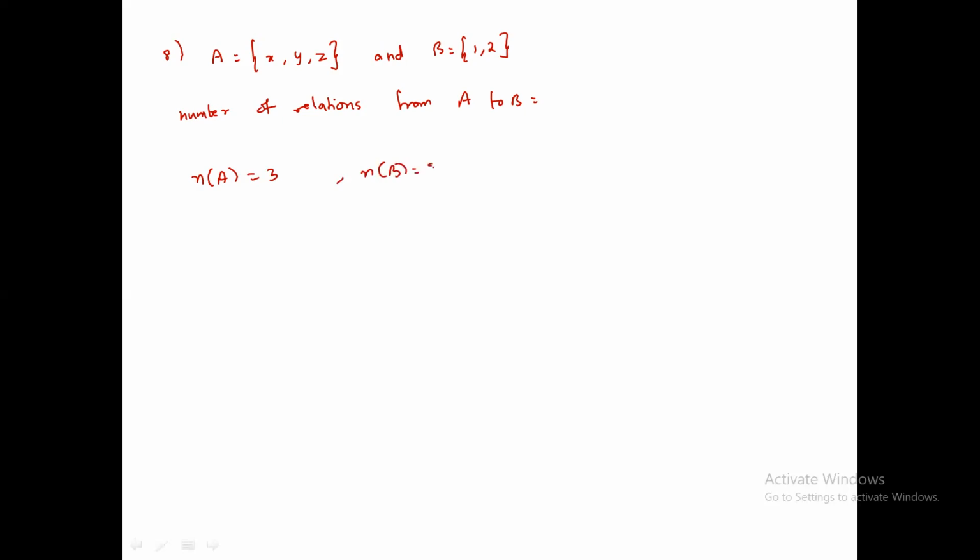8th question. A is the set having elements x, y, z, and B is the set having elements 1, 2. You have to find the number of relations from A to B. So n of A is 3, n of B is 2.